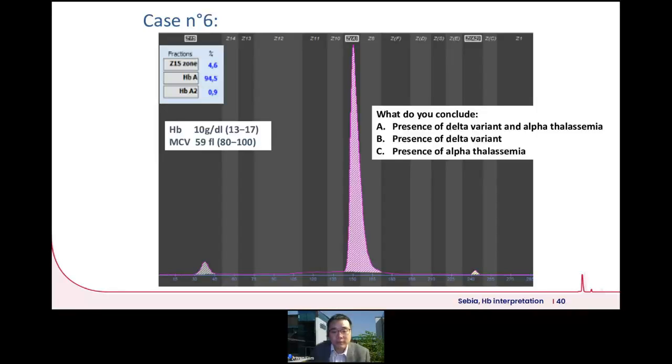So what about this case? Okay, so there's the presence of hemoglobin H. Okay, so this very distinctively is a presence of alpha thalassemia. And because alpha genes are being reduced, you do not see that increased hemoglobin A2 as well.